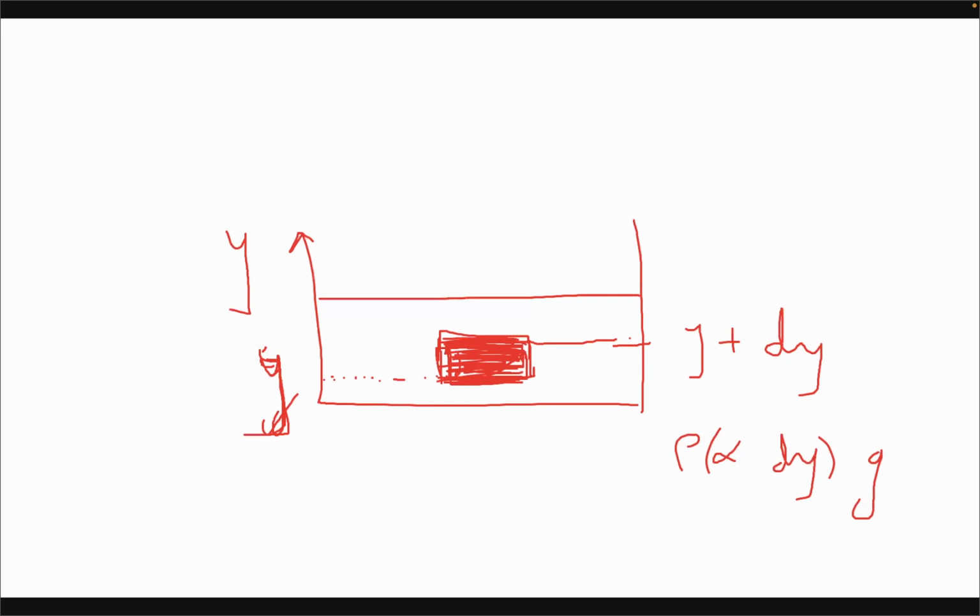This is the weight of the water cuboid taken here. We show it with a vector. This is rho alpha g dy. Rho alpha g dy is what we have to see.